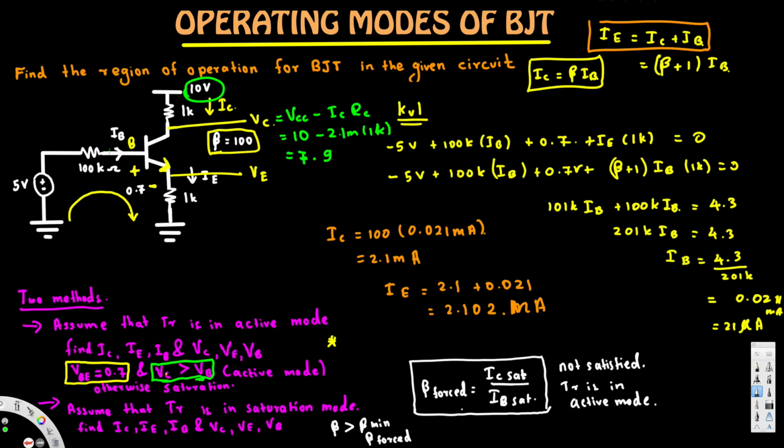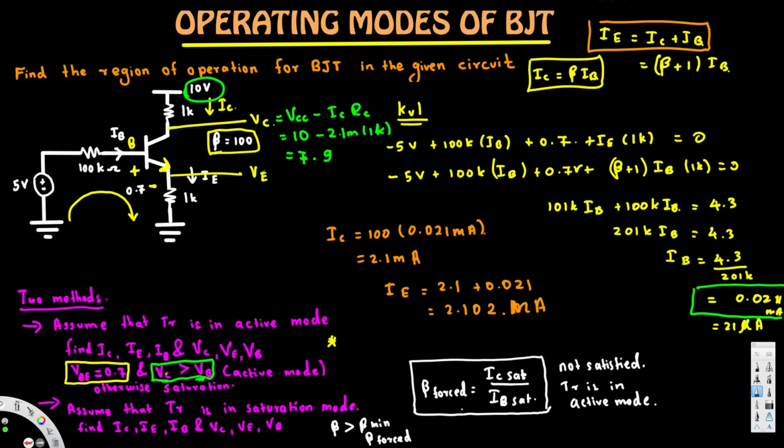Now let's go ahead and calculate what VB is. We have IB, we calculated that one here, 0.021 milliampere. Okay, first we have to calculate VE, then we have to move to calculate VB, because we know that VBE has to be 0.7.